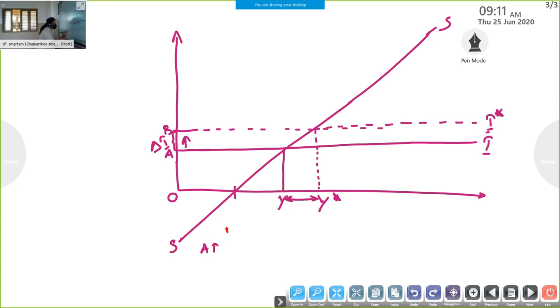AB is less than Y star, or we can say delta Y is greater than delta I. Okay, this is the investment multiplier forward effect we can see from here because of changes in investment.